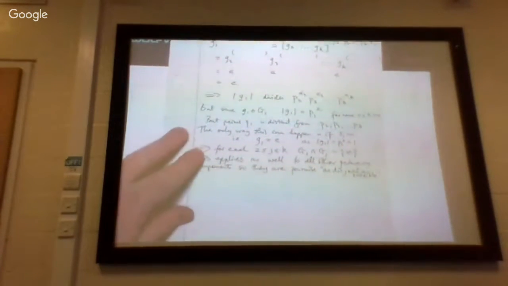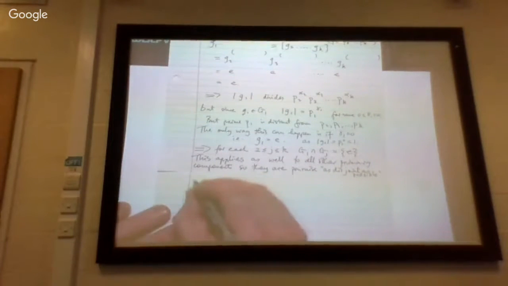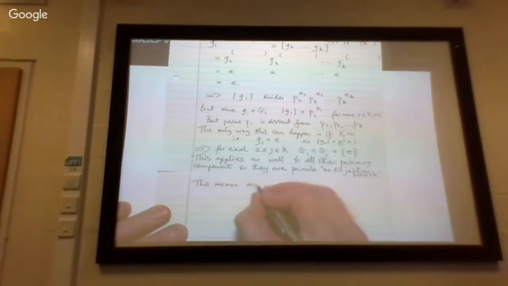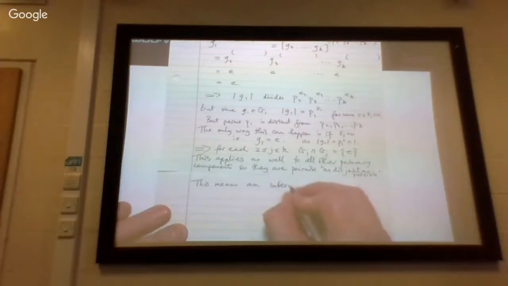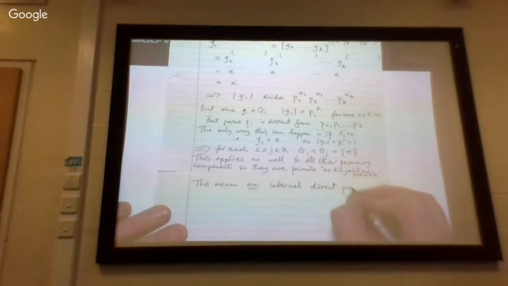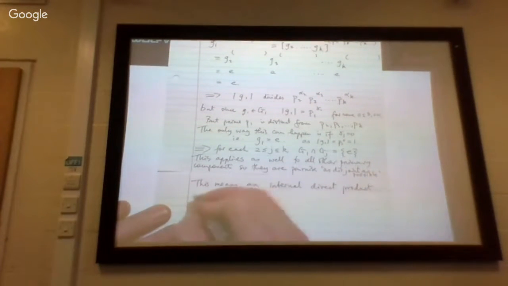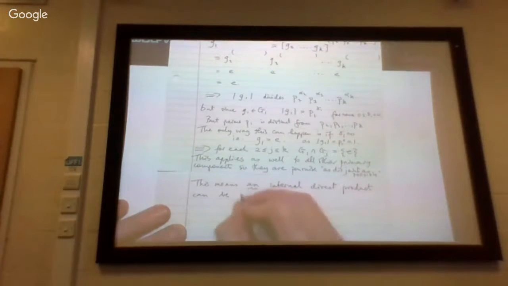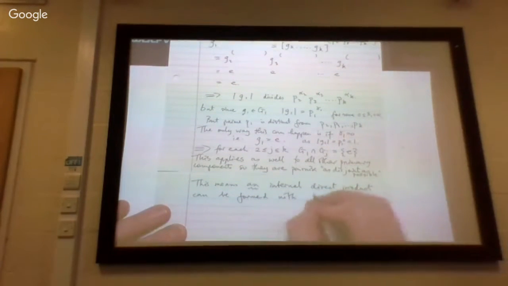Okay. So this means an internal direct product can be formed with the Gi.